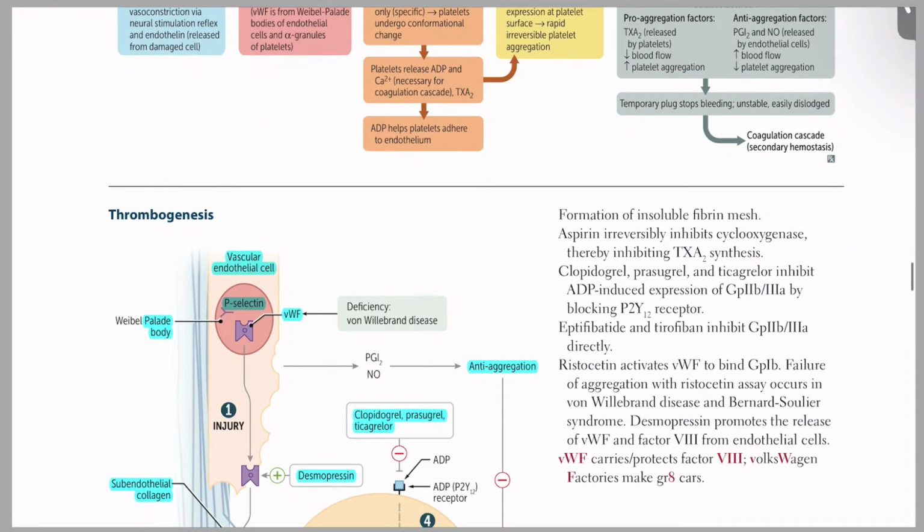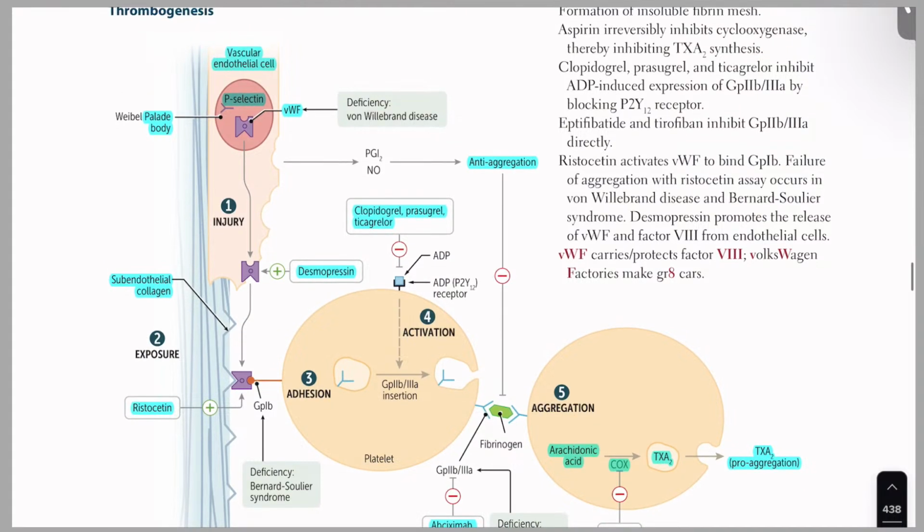Okay, let's read thrombogenesis: formation of insoluble fibrin mesh. Aspirin irreversibly inhibits cyclooxygenase, thereby inhibiting thromboxane A2 synthesis.